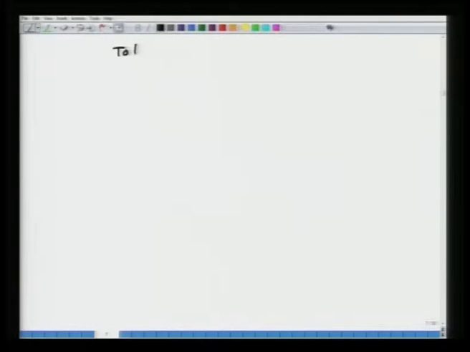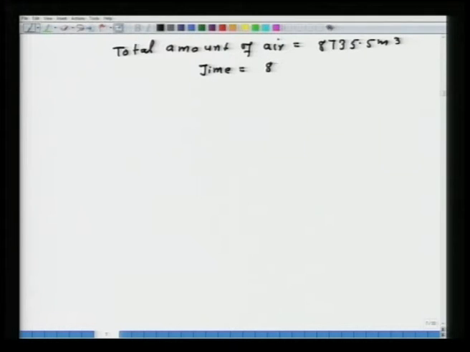So, I hope you can do all this calculation, because this type of calculation has been done earlier. So, I will just write down here the total amount of air which is required for coating as well as for slag formation stage, that comes out to be equal to 8735.5 meter cube, and the time would be 87.35 minutes, because we are given the rate of blowing.